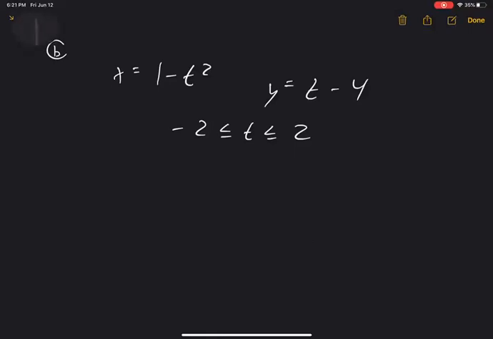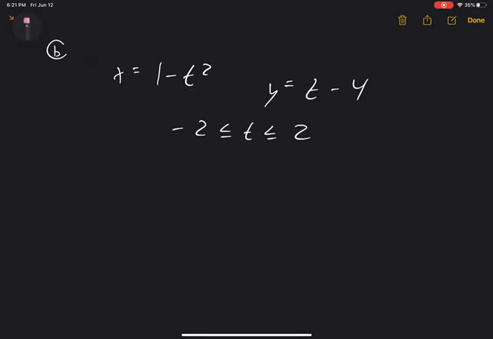How do we do that? Basically, I'm going to pick one equation and solve for t. Most of these problems you could do either way, but I would say try to avoid solving for t in squares, things like that.